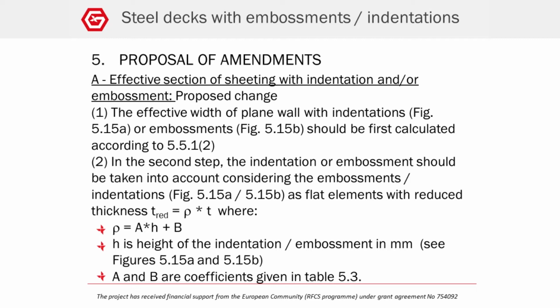In the next step, the indentation or embossment should be taken into account, considering the embossments and indentations as flat elements with reduced thickness. t red is equal to ρ multiplied by t, where ρ is equal to A multiplied by h plus B. h is the height of the indentation or embossment. A and B are coefficients given before.